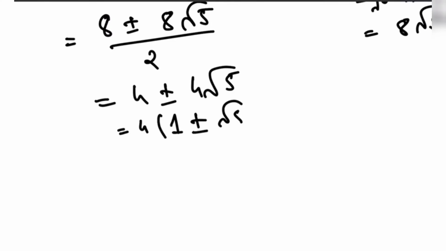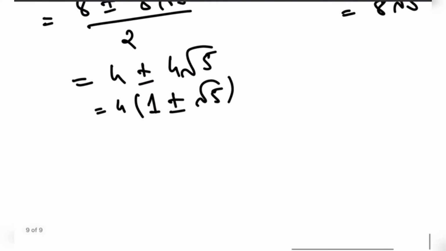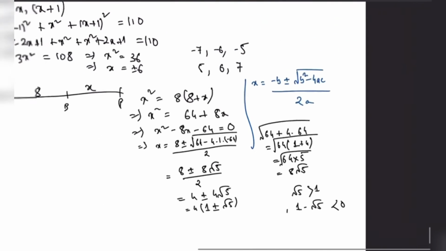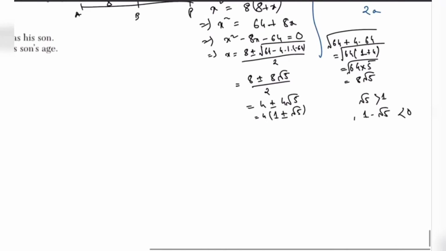Now we know that root 5 is greater than 1. So now since root 5 is greater than 1, 1 minus root 5 is going to be negative. Now you see that x is a length, so x cannot be negative.